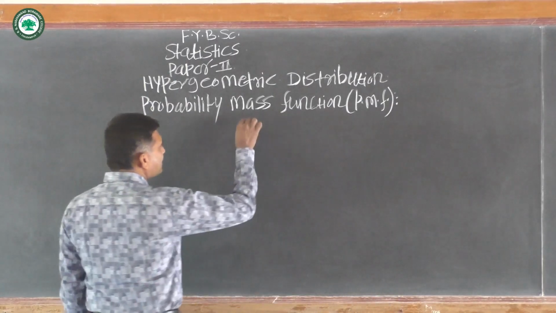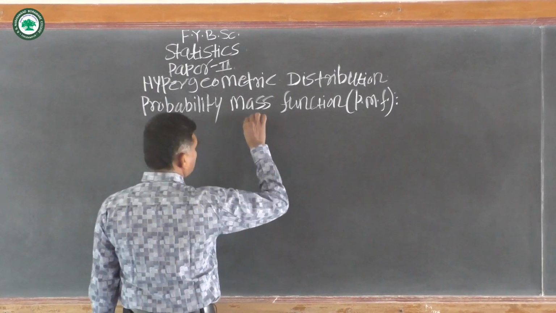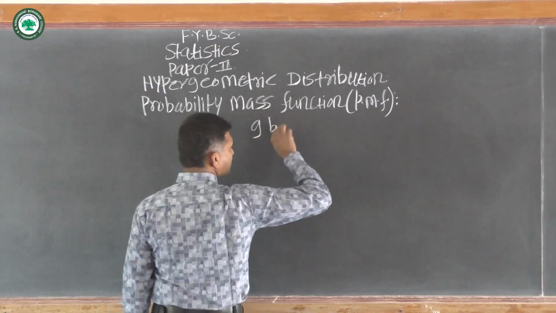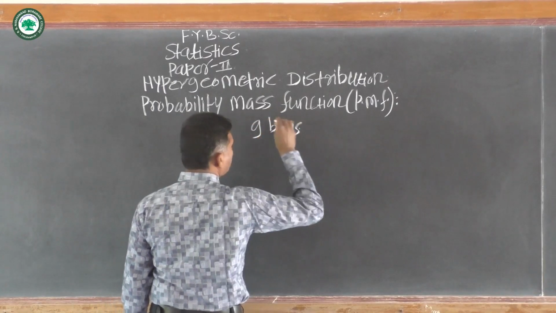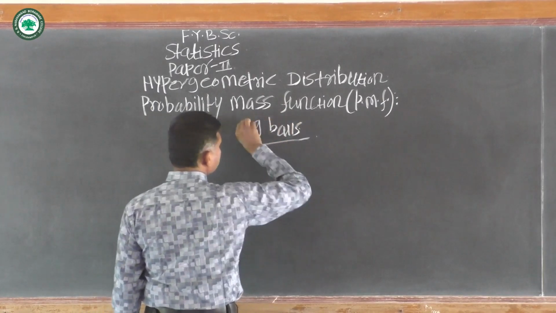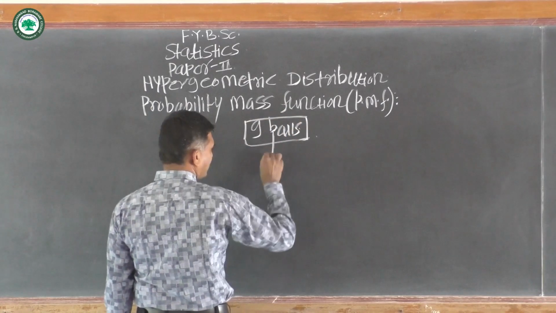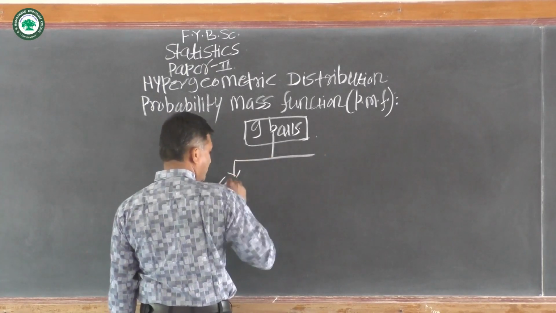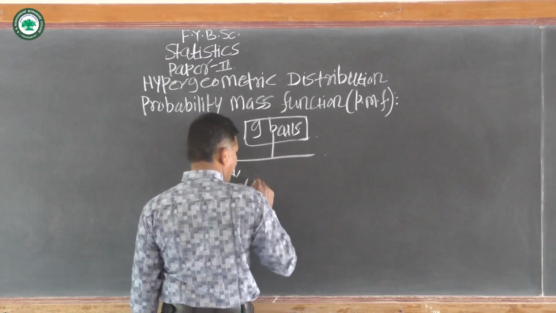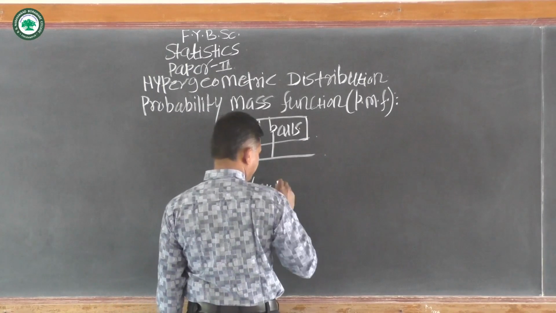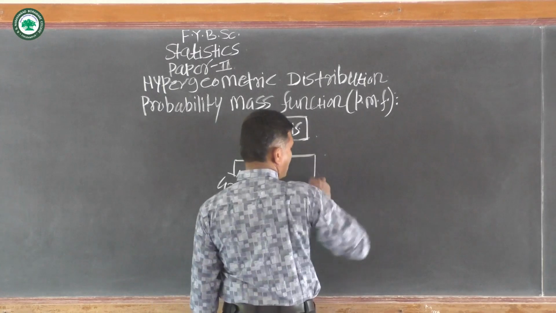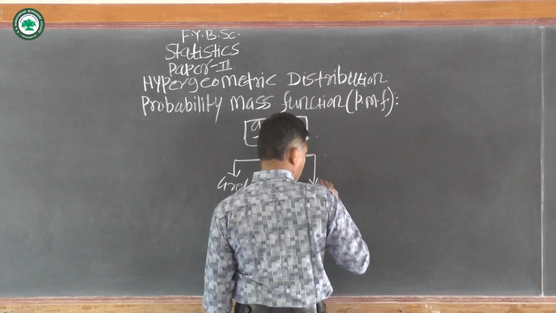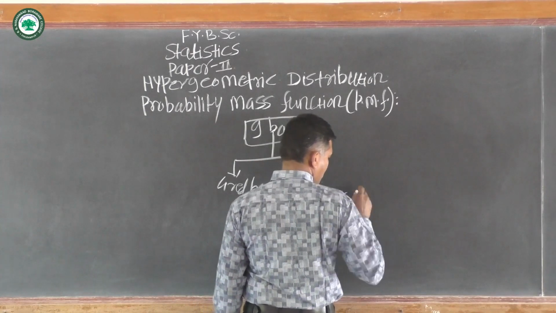A bag contains 9 balls. Out of these 9 balls, 4 are red balls and the remaining are black balls, that is, 5 are black balls.